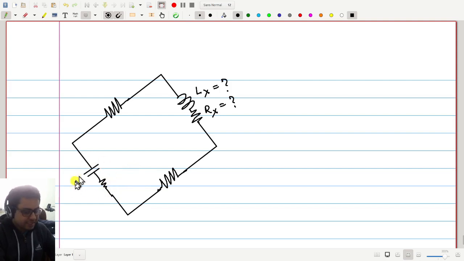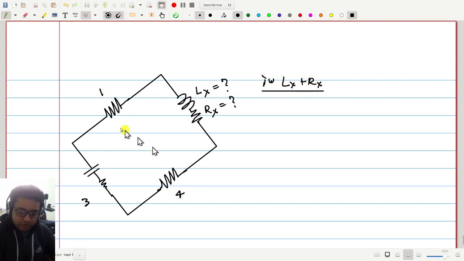If you choose something in series, you can still balance your bridge, but when you write the balance equation, we will write it in this way: this impedance j omega Lx plus Rx, let me call it 1, 2, 3, 4 arm numbers, divided by Z3, that will be equal to, let me write in the product form, so this multiplied by Z3 will be R1 R2.